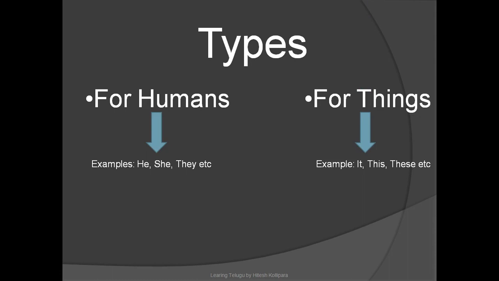But hold on, the picture is not yet over. The movie is not yet over. These two types are again further divided into three groups, and these are those three groups.